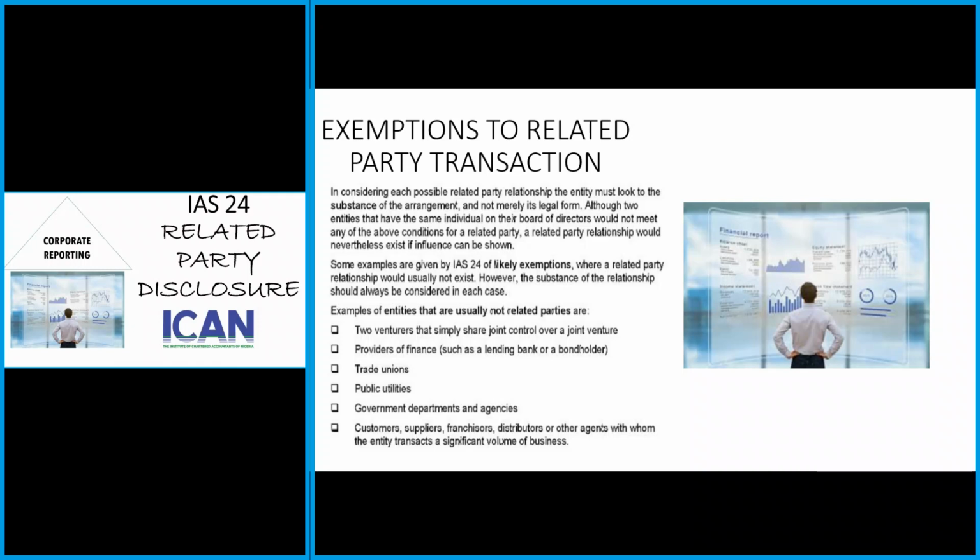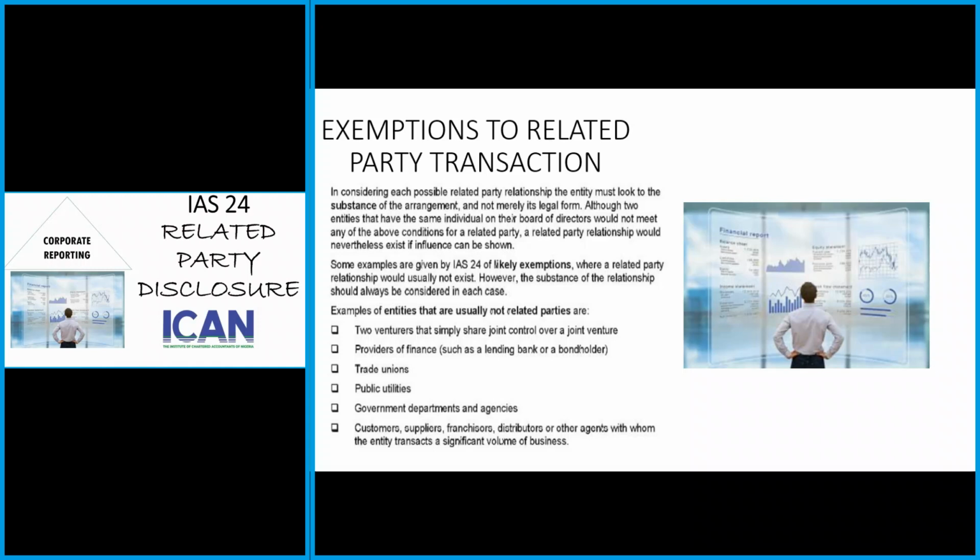But nevertheless, on the natural side of things, a joint venture is an exception to related party transaction because they are not actually related. Everybody just brings their strength to achieve a purpose and everybody parts ways.